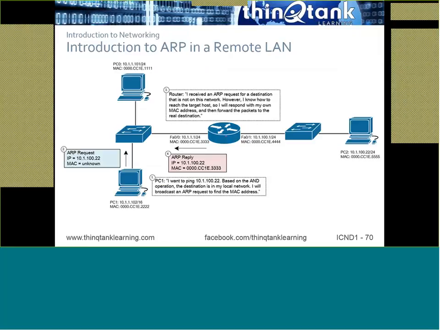Now, why is this significantly important? If I look at this diagram here, if this PC is talking to the web server out here, it's going to ARP for the MAC address of the gateway. If there are 1,000 computers out here that this PC is talking to, it's still going to ARP for the gateway.